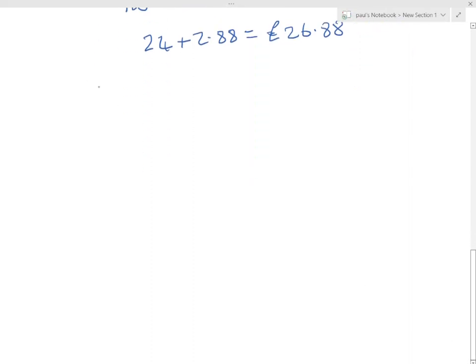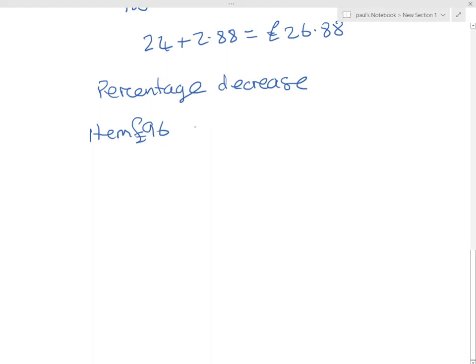Right, next one is a percentage decrease. See where we're going with this one, can't you? So you've got an item that is £96 and we're going to have a sale on, we're going to knock 15% off. So what's the new price? First of all, you find 15% of the 96.